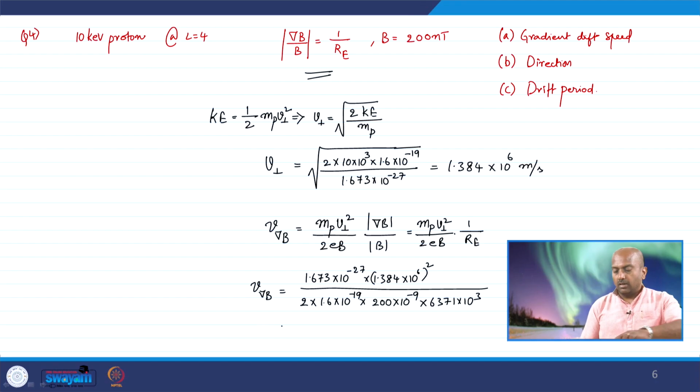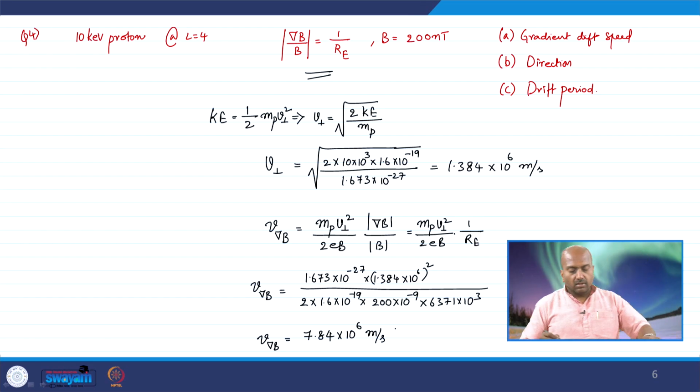Substituting all that and doing this calculation, we get V_del_B equal to 7.84 × 10^6 meters per second.